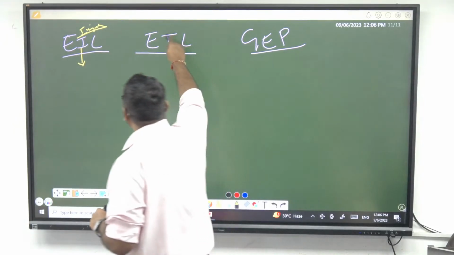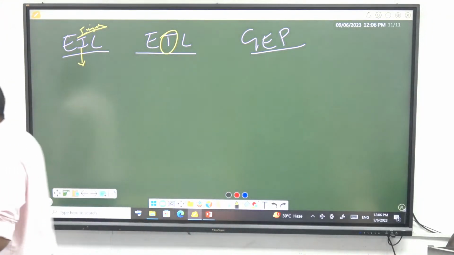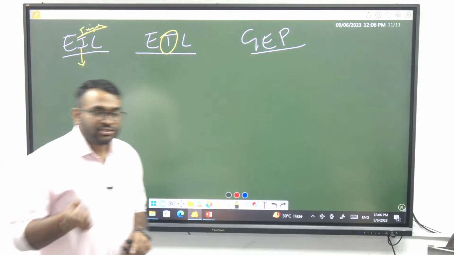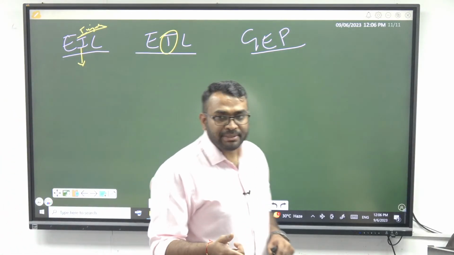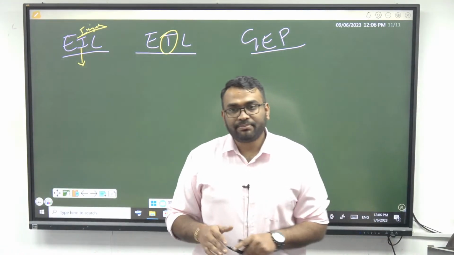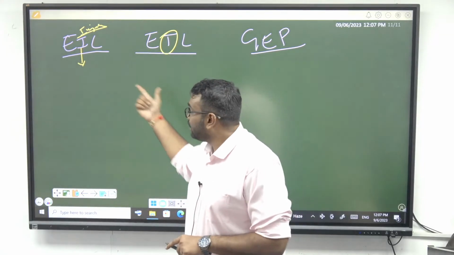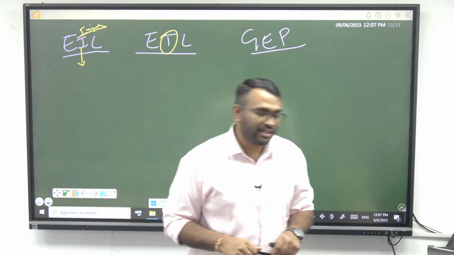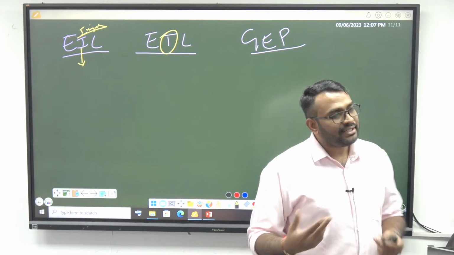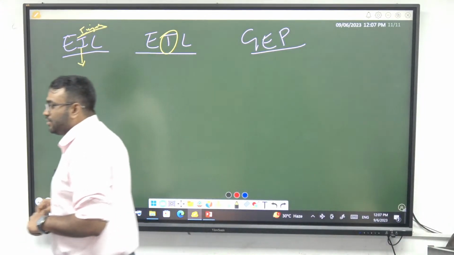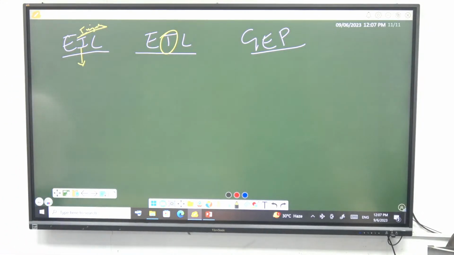Now economic threshold level: if you take management practices, the cost you incur for them will be compensated by the crop you are going to save. Correct? Again, if not, it will reach towards the EIL, economic injury level. In other words, ETL can be understood like this: it is the time at which, if you go for management of the pest, it will result in the maximum returns. Correct?